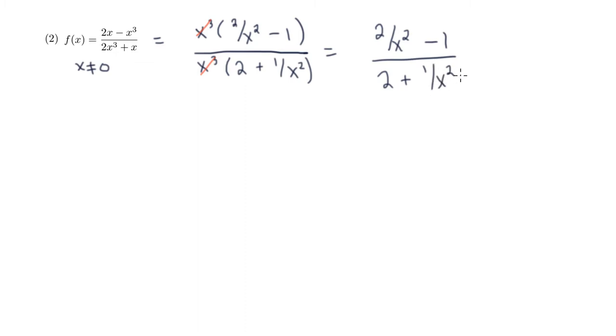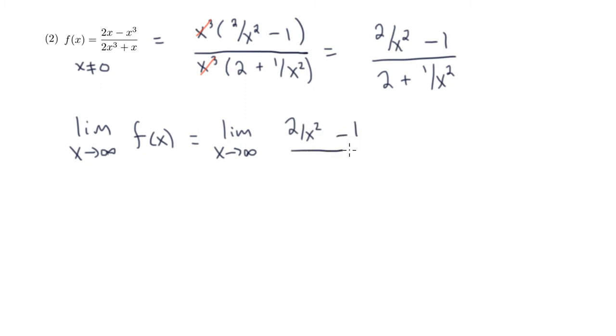Okay, perfectly valid. So then the limit as x goes to infinity of f of x is equal to the limit as x goes to infinity of this guy. Because again, I can assume that x is not 0. x is going to be very big.